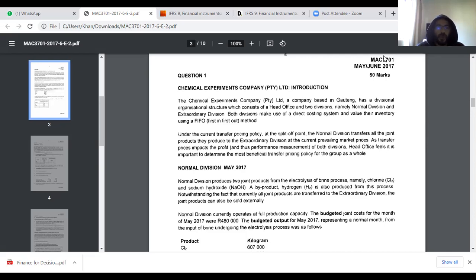So they say the division currently operates at full production capacity. The budgeted joint costs for the month of May 2017 were 480,000 Rand. So they're saying the joint cost is 480. The budgeted output for May 2017, representing a normal month from the input of brine undergoing the electrolysis process, was as follows.